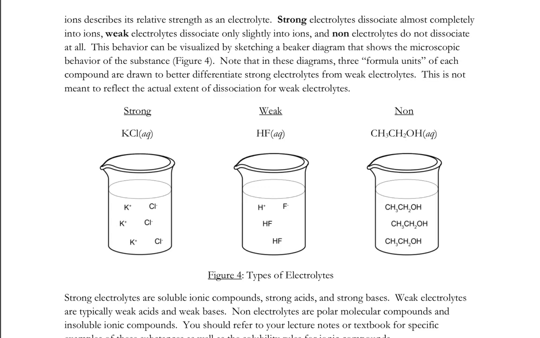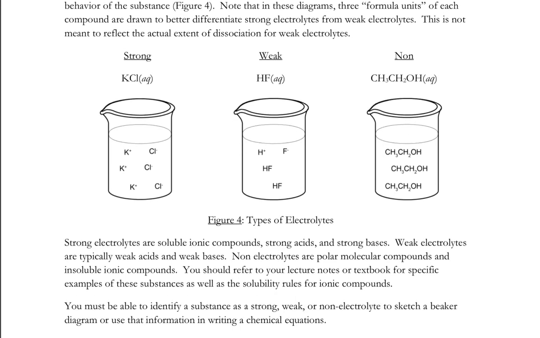HF is not one of them, so yes, it's an acid, but it's not strong, so it must be a weak one. That means when we dissolve it in water, we get a little bit of H plus, a little bit of F minus, but the bulk of it exists as HF, just surrounded by water, kind of like how the ethanol dissolves. So that would be a weak electrolyte.